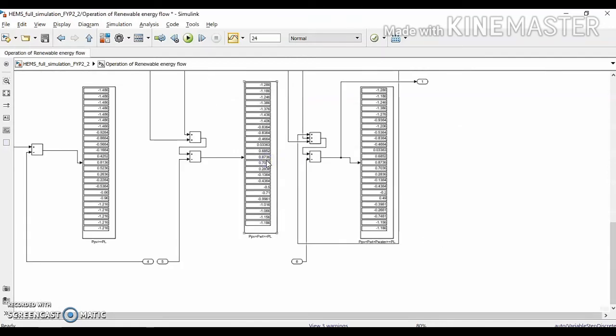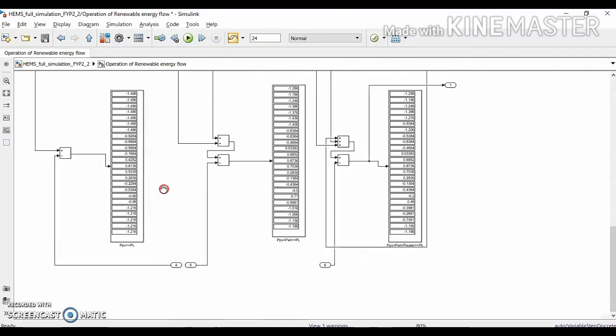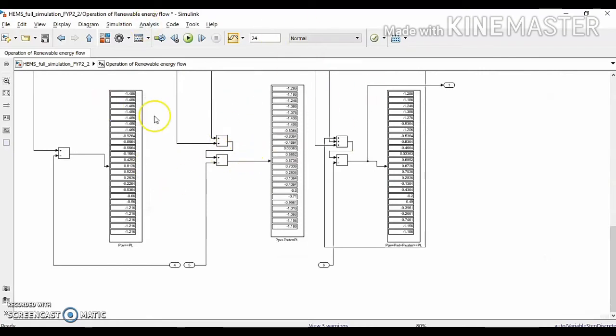Actually the renewable energy will flow directly to the appliances, and the balance of the renewable energy will be stored in the battery. So this is the operation for the renewable energy flow before we store the renewable energy into the battery.